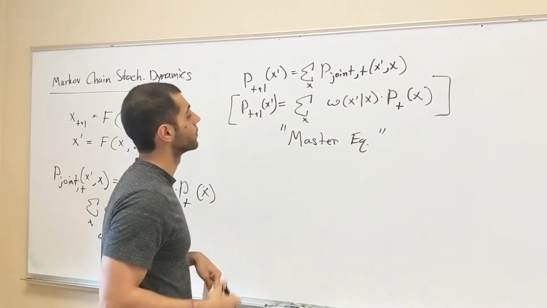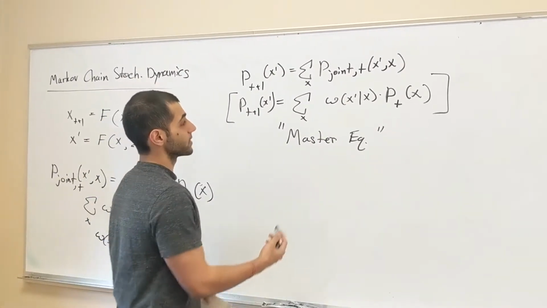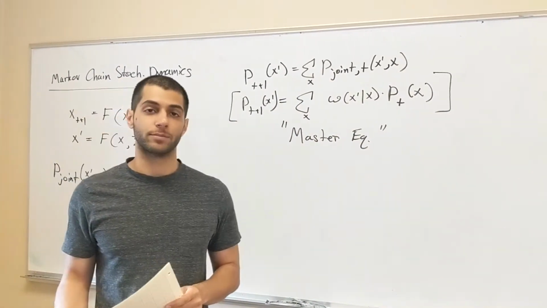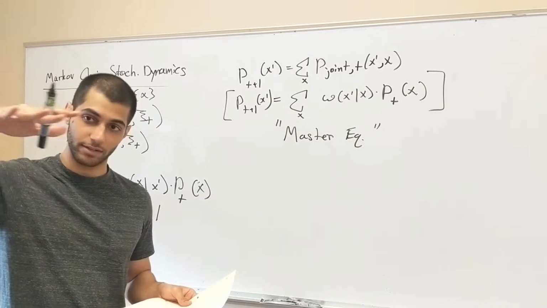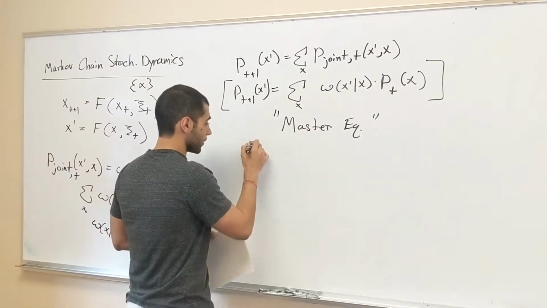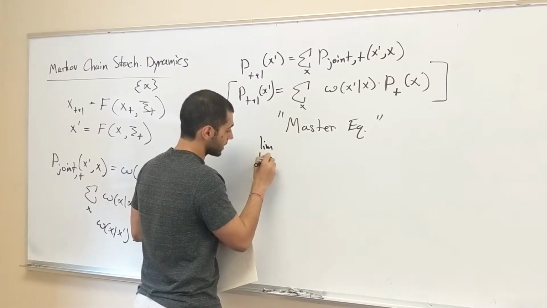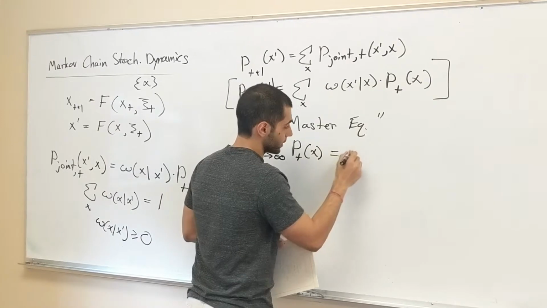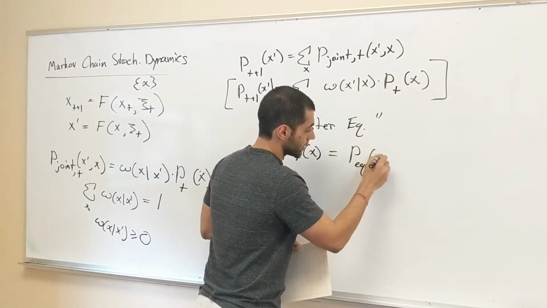Now, like Sam said, we have to ask ourselves the question, does this dynamics reach some sort of stationary distribution? Do we actually saturate and start fluctuating about our answer? In other words, we're asking, does the limit as t goes to infinity of p_t of x reach some equilibrium distribution?